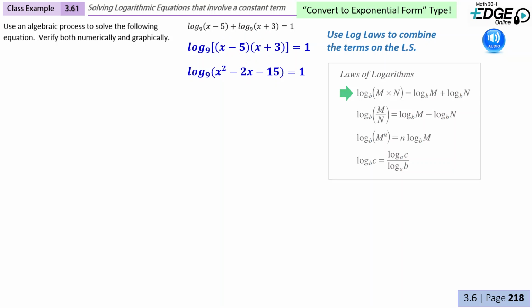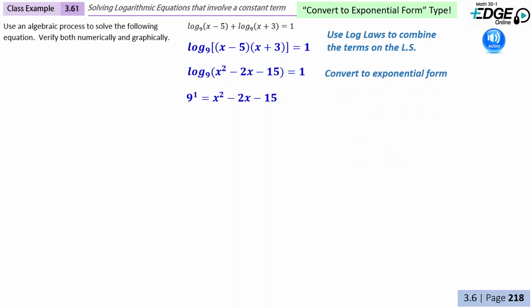And then now we are ready to convert to exponential form. So base 9 to the power of 1 is equal to the inside of the log. And then we would subtract 9 from both sides and set it equal to 0.